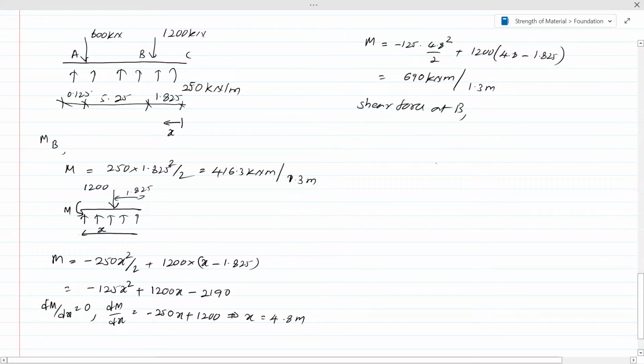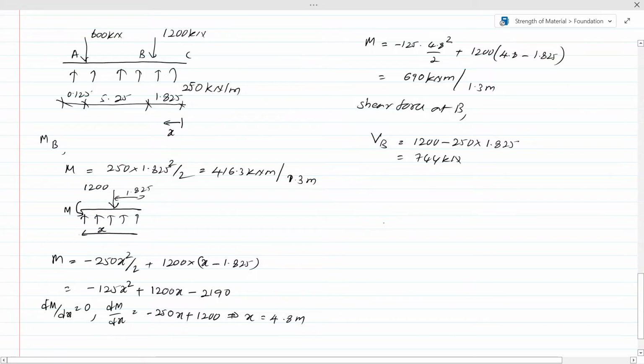But shear force on that side is not the highest value. The shear force on the other side will be the highest value. Therefore VB, the maximum shear force, will be equal to 1200 minus 250 into 1.825, because it is the highest value, that is 744 kilonewton.